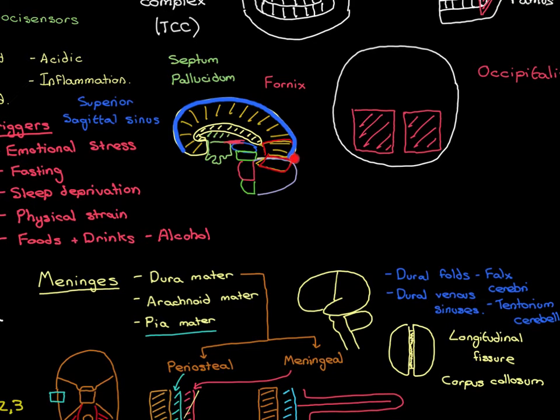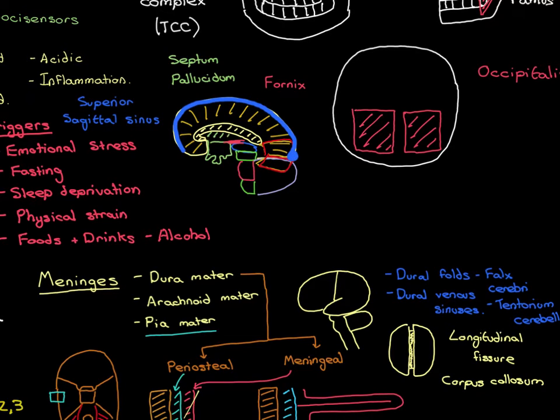But imagine we're going to pull away the meningeal dura mater from the periosteal dura mater to create a space there at this base where both the falx cerebri and the tentorium cerebelli are attached. And there's going to be a nice little space which is going to be part of the dural venous sinus network. And that's going to be known as the confluence of the sinuses.